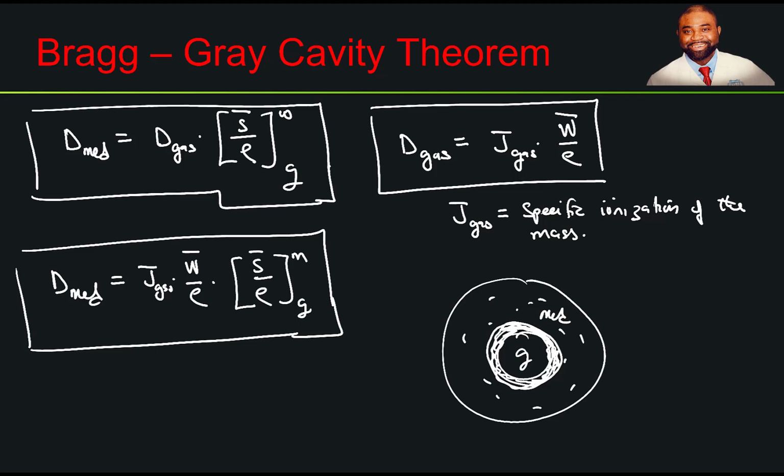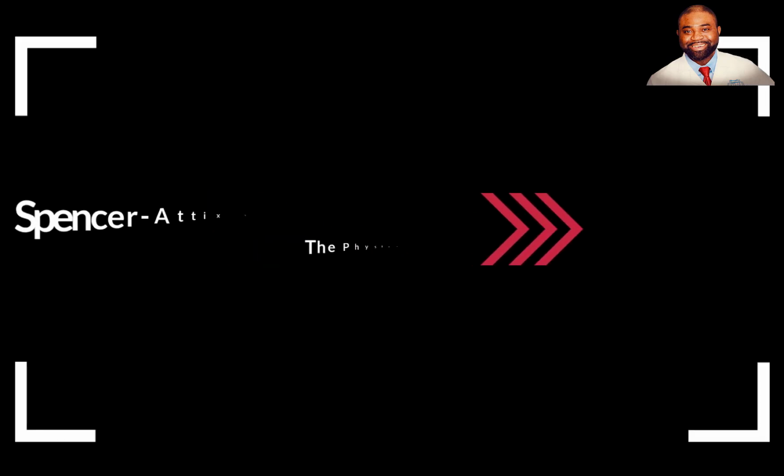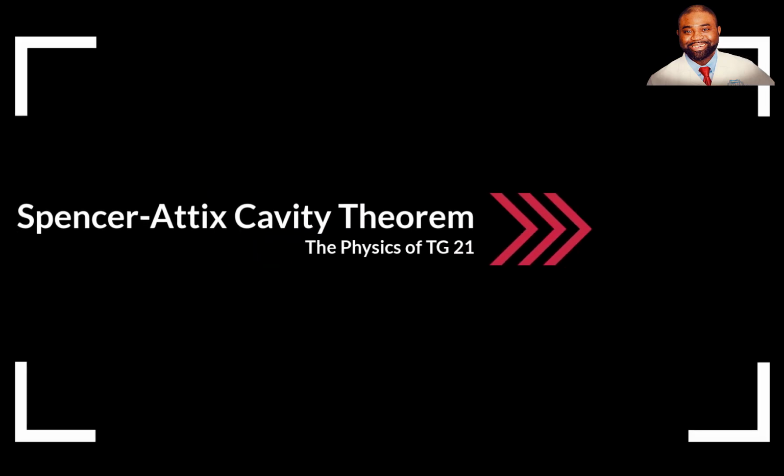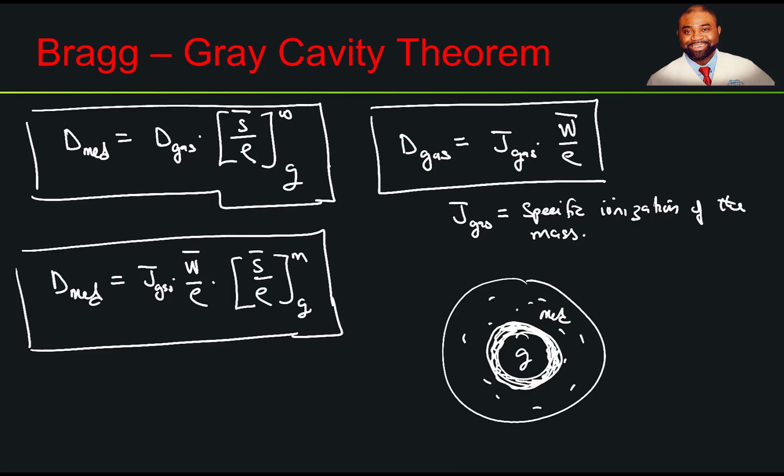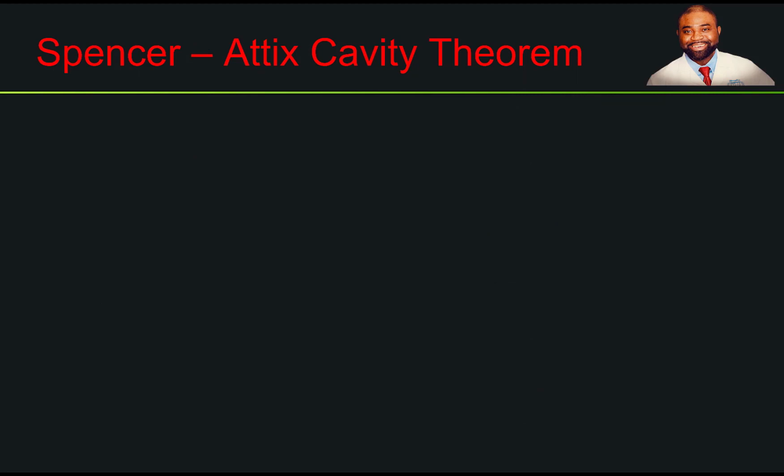This implies that if delta rays are created, then Bragg-Gray cavity theory underestimates the dose in the given medium. This necessitates a modification of the Bragg-Gray cavity theory, leading to what we call the Spencer-Attix theory.